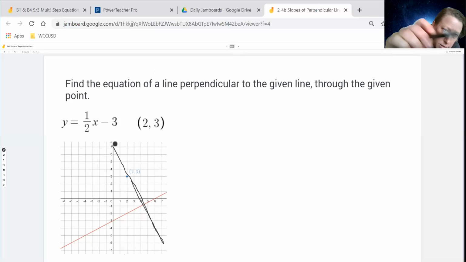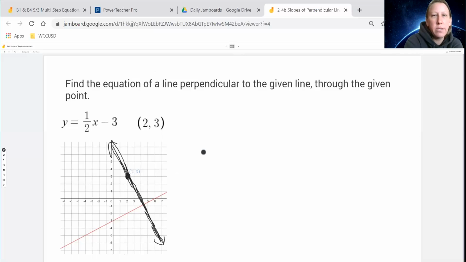Oh, I kind of missed. Not too bad. Something like that. Okay, so is it going through this point? Yes. And does it look like 90 degrees right there for you? I think so. Sometimes I tilt my head to see if it looks like a perfect right angle.